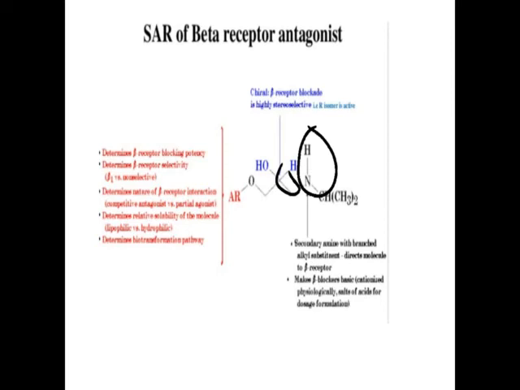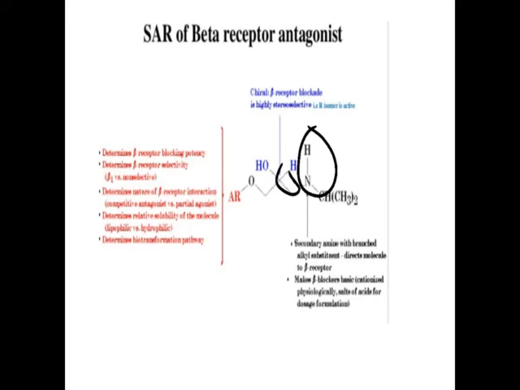Instead, the aryl group may have a benzene ring with para substitution like CH3SO2NH2 or OCH3 CH2OH substitution, or it may lack one hydroxy group, or it may be a heterocyclic ring, or it may have a naphthalene ring.